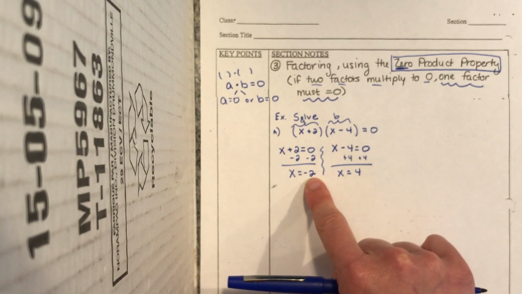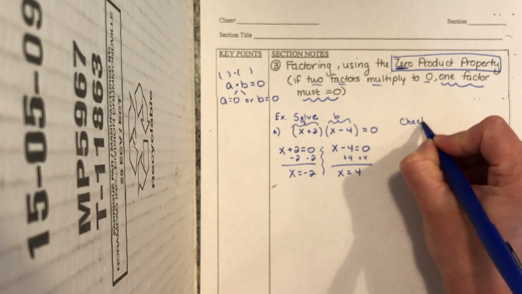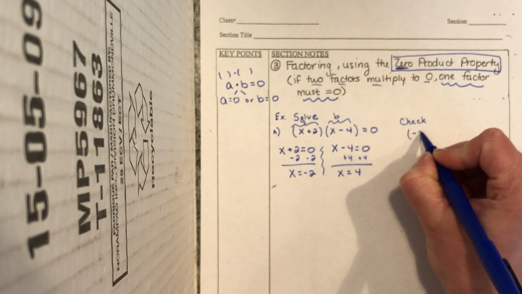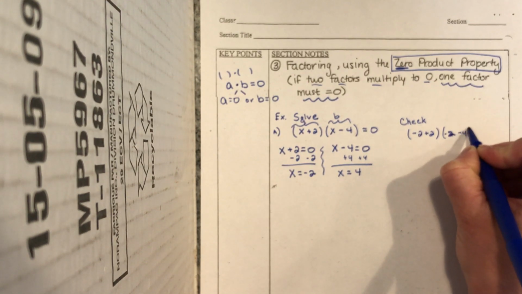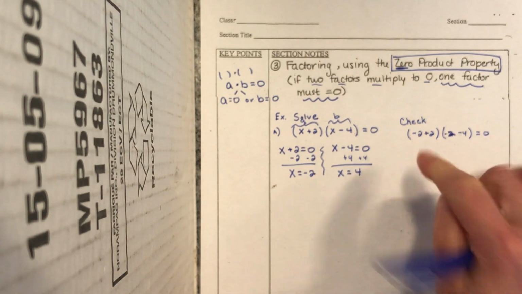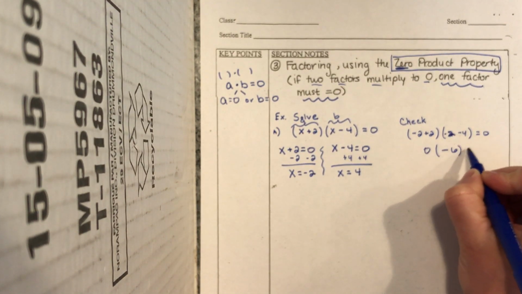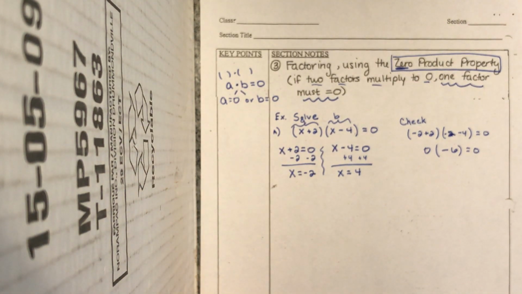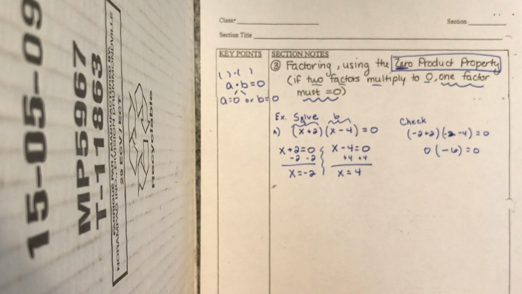Because if I plug negative 2 back in for x, it has to go in for both x's at the same exact time. My first factor becomes 0, and my second factor is negative 6, but it doesn't even matter what the second one is. As long as the first one became 0, I now have 0 times something, so the answer has to come out to be 0.